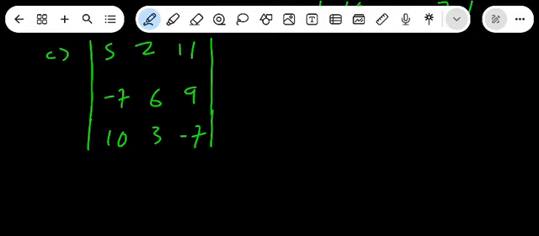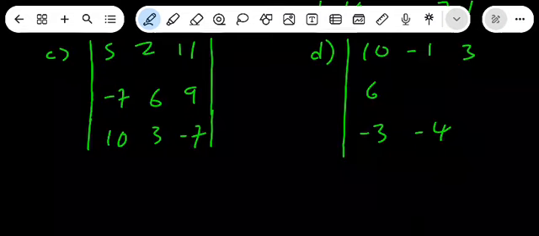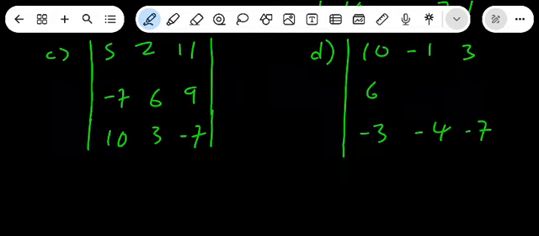Then you're given the matrix D: 10, minus 1, 3, 6, minus 3, minus 4, minus 7, 1, and 5.